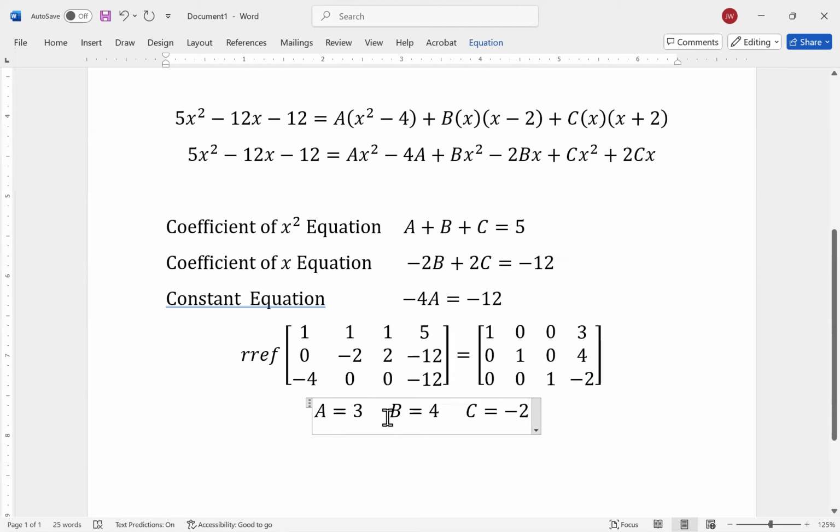Again, that's a lot of work, but all of that work is going to pay off in my integration.